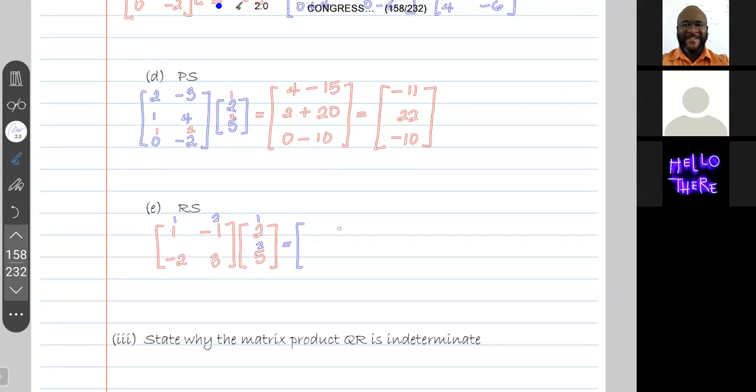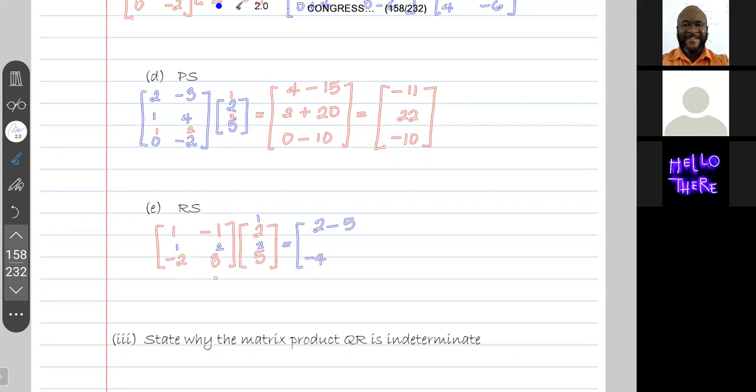1 times 2 is 2. Minus 1 times 5 is minus 5. And then lastly, bottom row by the 1 column. First by first, second by second. Minus 2 times 2 is minus 4.